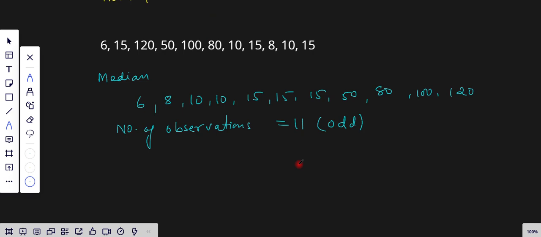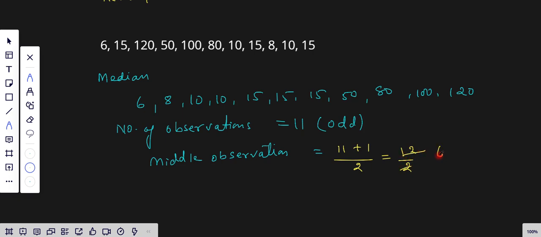If you have an odd number of observations, then the formula for getting the middle observation is: middle observation is equal to 11 plus 1 divided by 2, which is equal to 12 divided by 2.